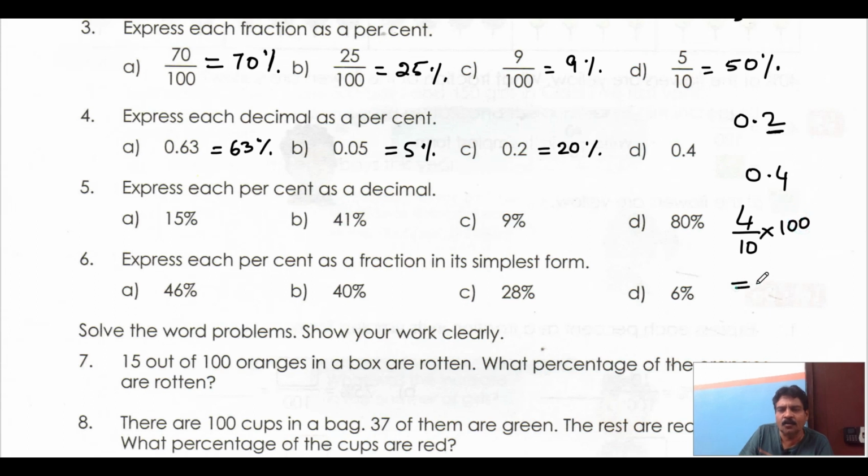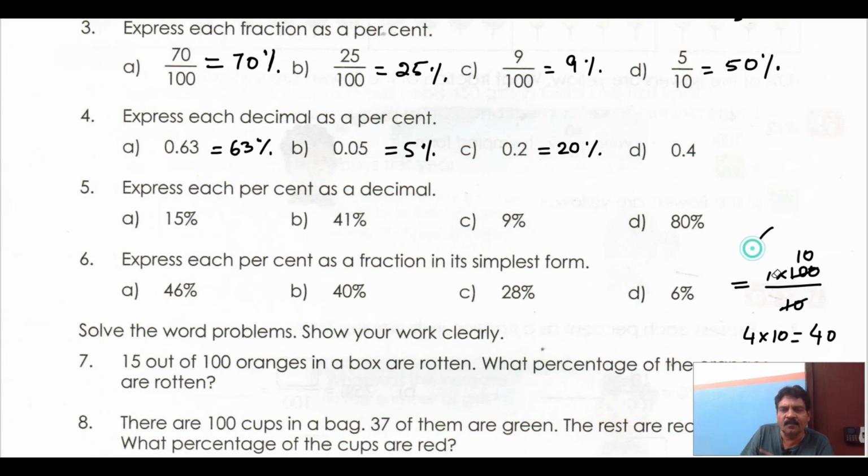Very simple, as I told you in the beginning. So 4 into 100 by 10. Now it is 4 into 10 is equal to 40. So the answer for this is 40%. Let's write down the answer and we'll move to the next one. Don't write answers directly. Whatever steps I did, you do them.